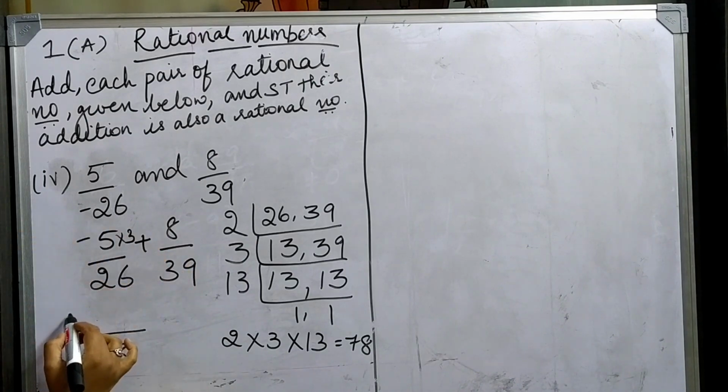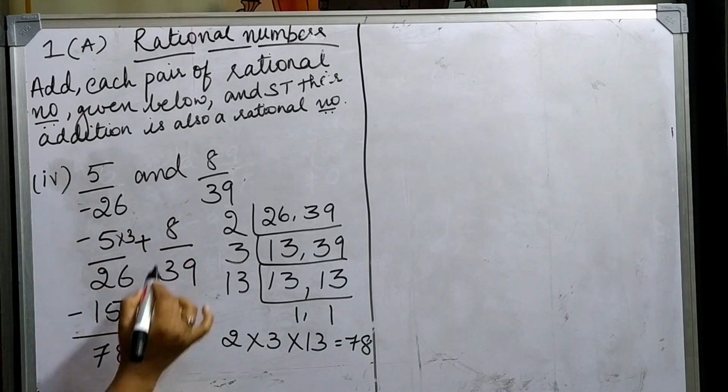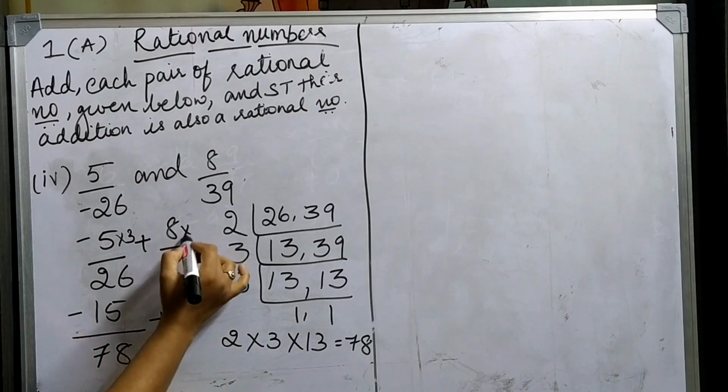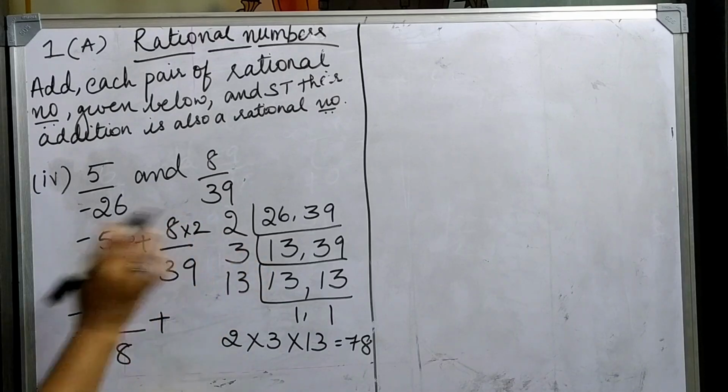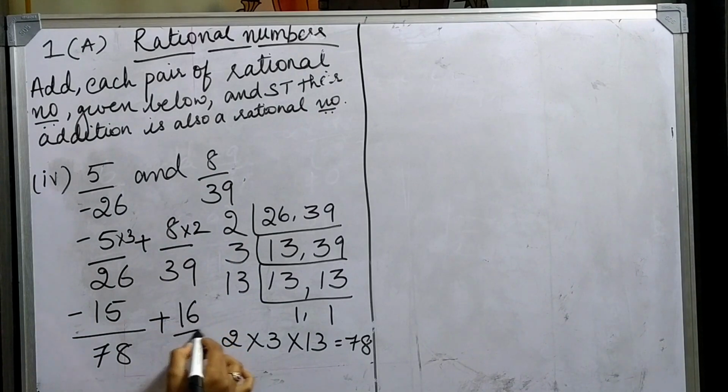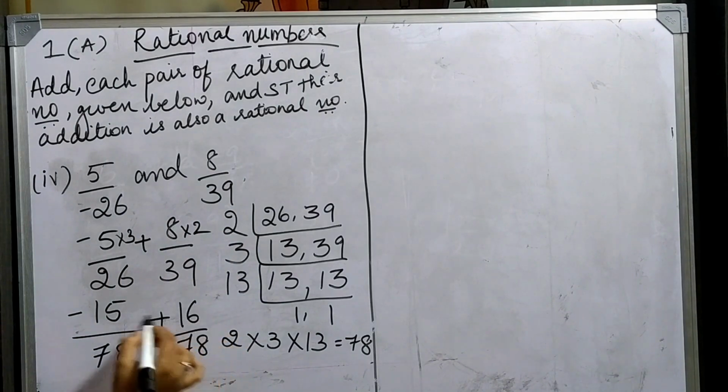So this is minus 15. The same way, divide 78 by 39, you will get 2, which is 8 into 2, multiplied with the numerator. So it is 8 twos are 16 divided by 78. So minus 15 plus 16 will give us 1 by 78, which is again a rational number.